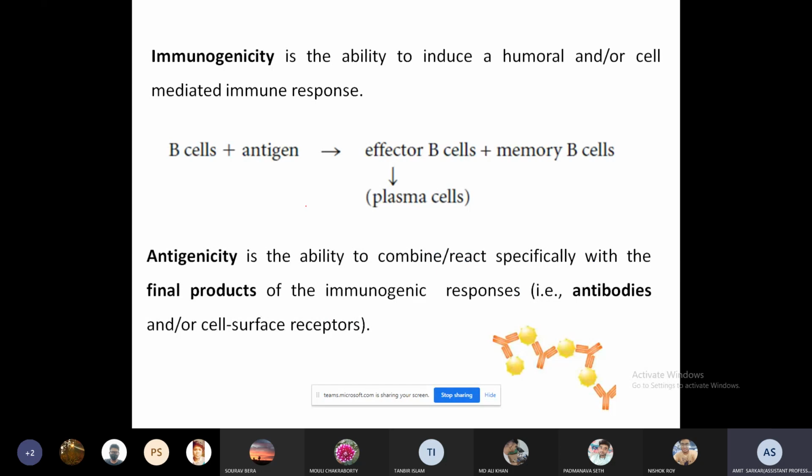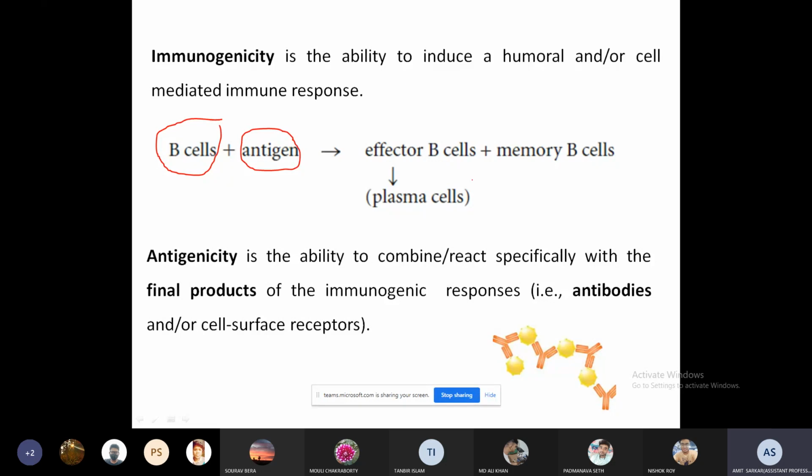So immunogenicity and antigenicity, we're using these terms because of the capability. You can try to understand what immunogenicity is. Immunogenicity is the ability to induce an immune response, be it humoral or be it cell mediated. Say, for example, here this is our immune cell, a B lymphocyte, and this is our antigen. When they are reacting, you already know what the steps in between are.